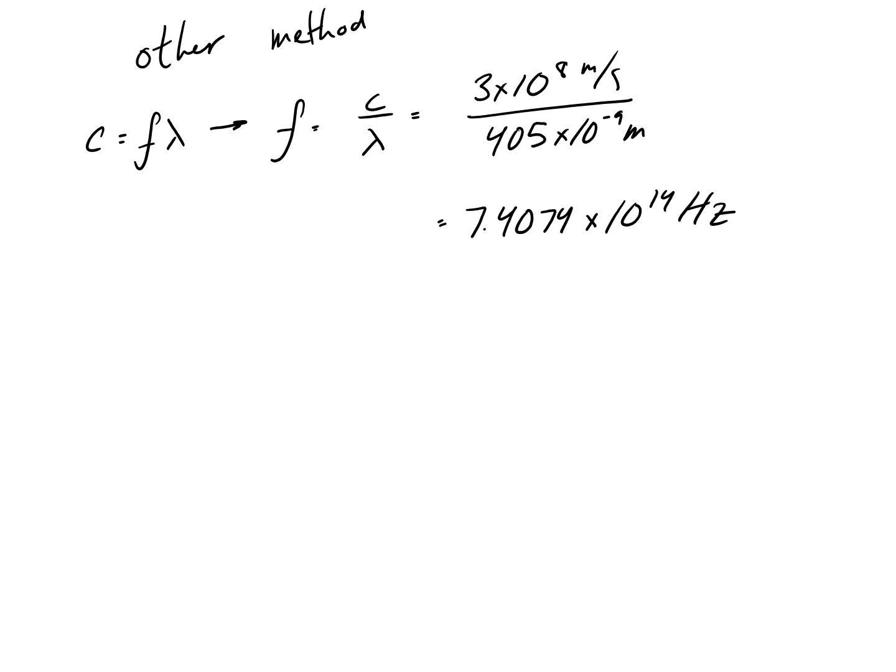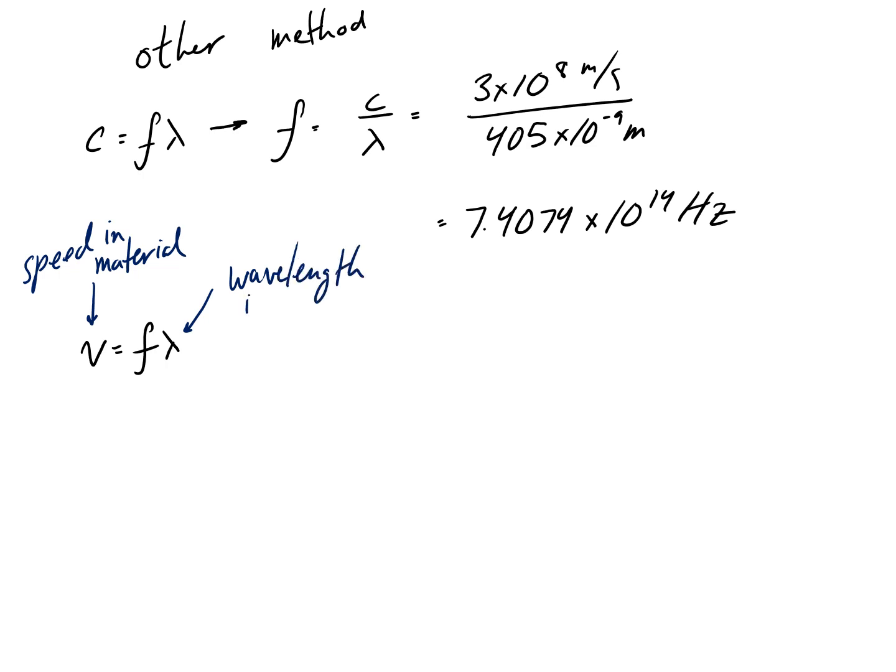Now what we're going to use is the speed is equal to frequency times wavelength, where this is the speed of light in our amethyst, the wavelength is our wavelength in the material, and the frequency is again the same as the vacuum.